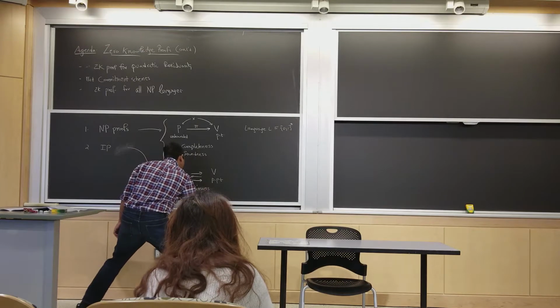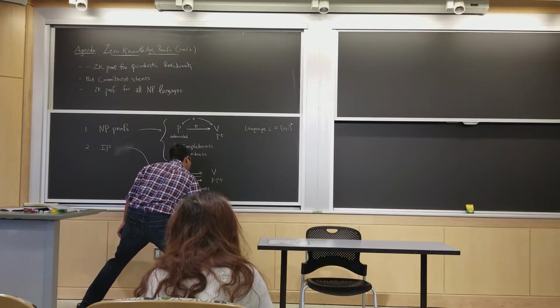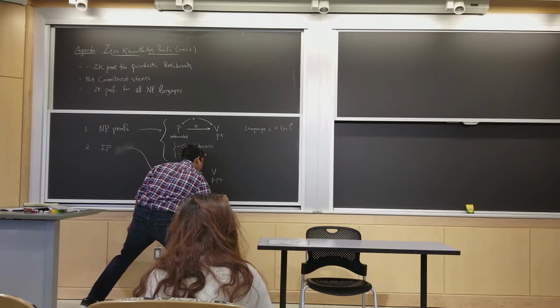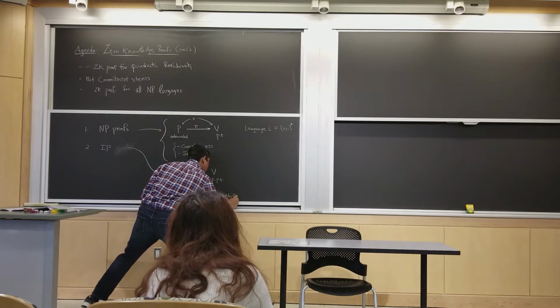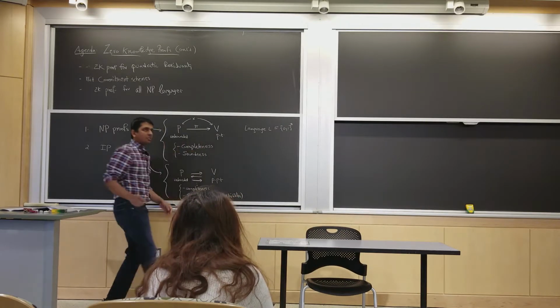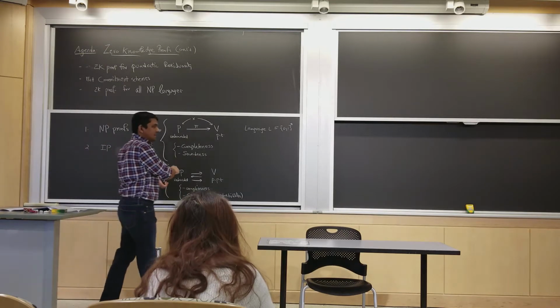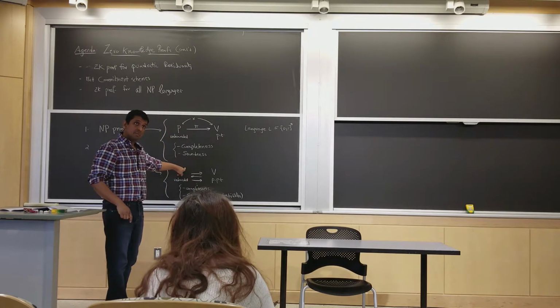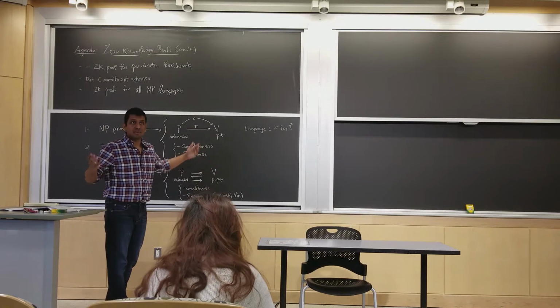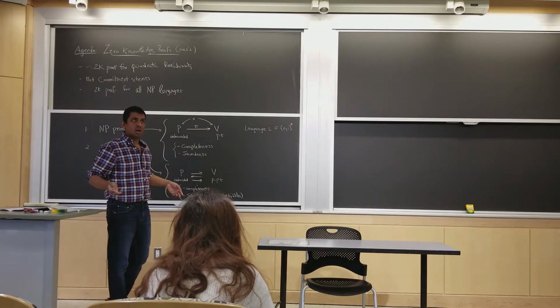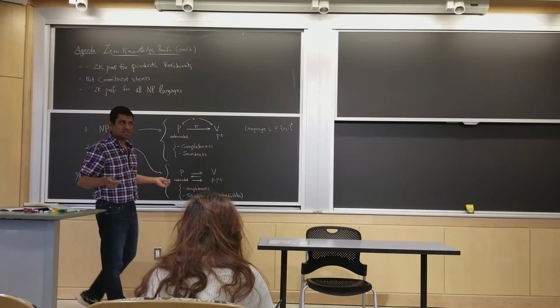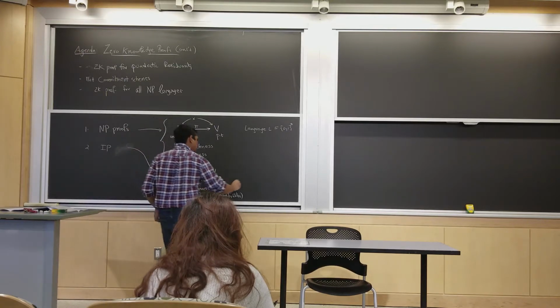Completeness is the same. Soundness is now probabilistic and says that for every X not in the language, for every false theorem, the probability that any prover P star manages to convince a verifier is at most some number, half, let's say, or exponentially small. That's called the soundness error. So just write it down.